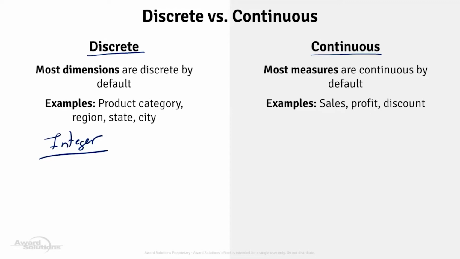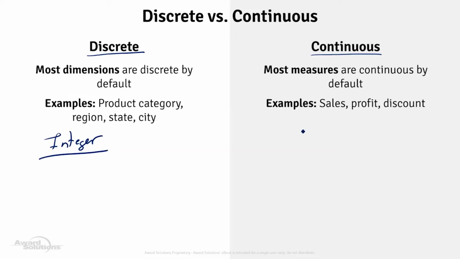Number of employees that you have, a discrete number. You're not going to have 2.4 employees, right? Because we've had some pregnant women in the company. We don't count that. Continuous is something that is, you can have any number in there at all, right? So 2.3 is a legitimate thing. 4.7 is a legitimate thing.